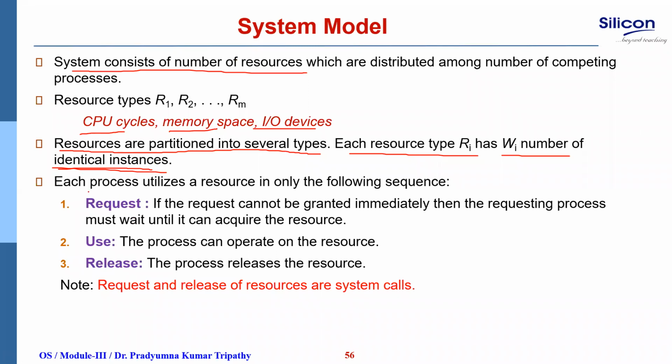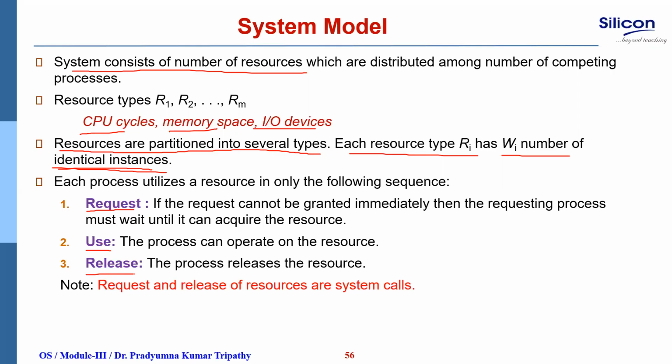Now, each process utilizes a resource in the following sequence. Whenever a process makes a request, it makes it in 3 steps. Suppose process 5 wants the hard disk.